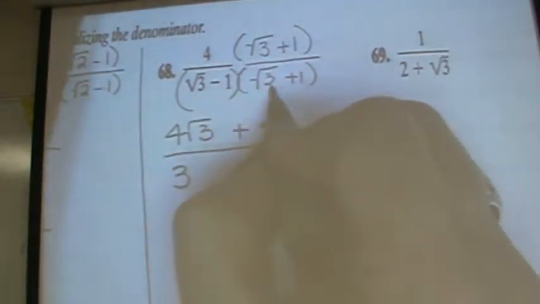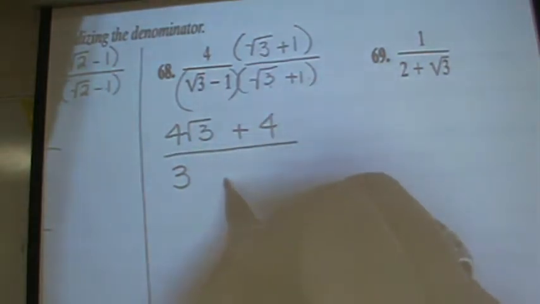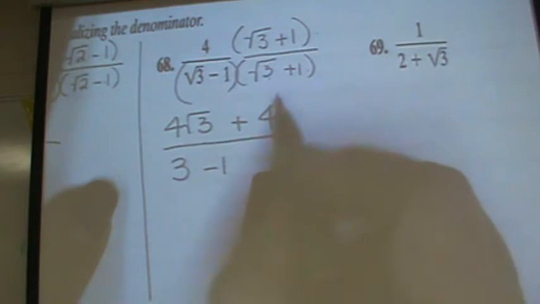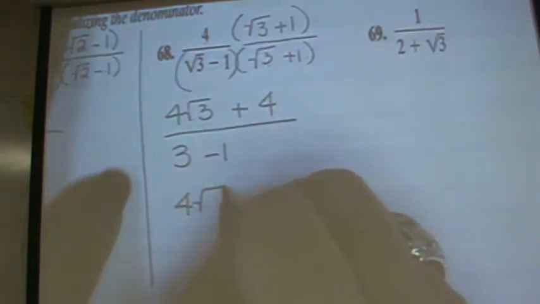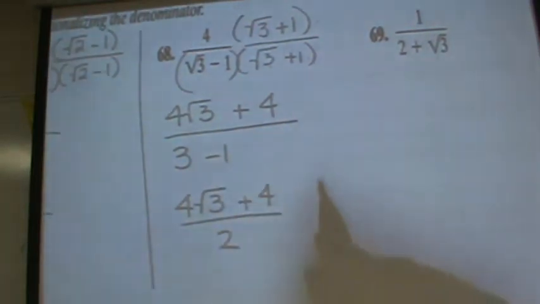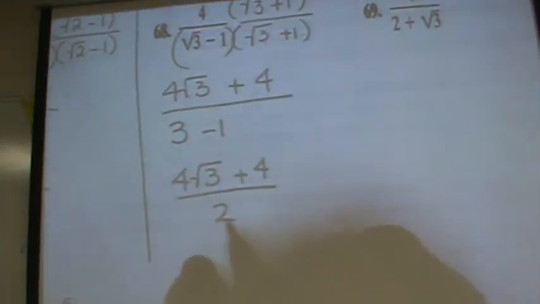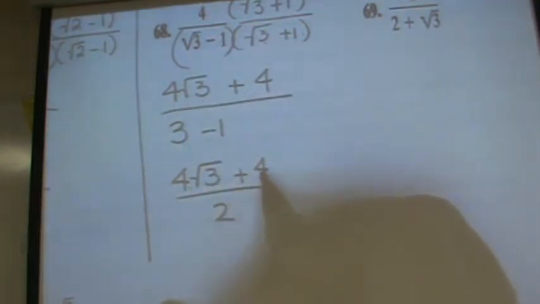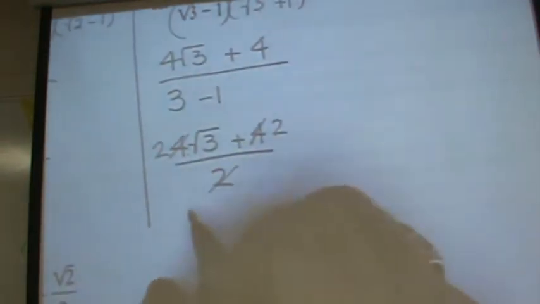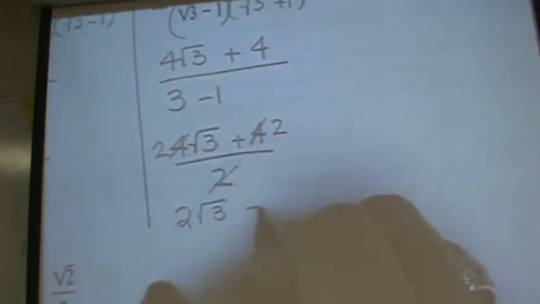The next 2 will cancel, and negative 1 times 1 is negative 1. So now simplify. The numerator, there's nothing you can do. And 3 minus 1 is 2. Now this you can simplify. 2 goes into 4 2 times, and 2 goes into 4 2 times. So you can simplify that. So you get 2 root 3 plus 2.